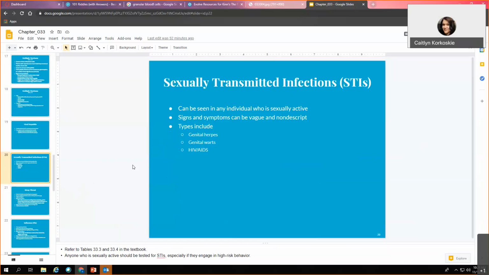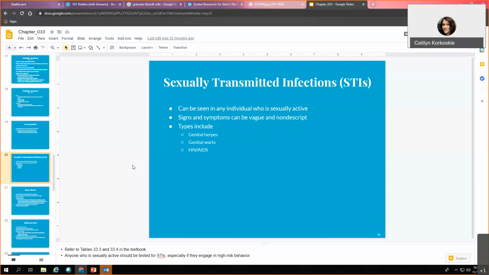Basically, this type of virus, someone can get but not even have symptoms for an extensively long time. Ten years can go by where they were exposed to these different types of the herpes virus.